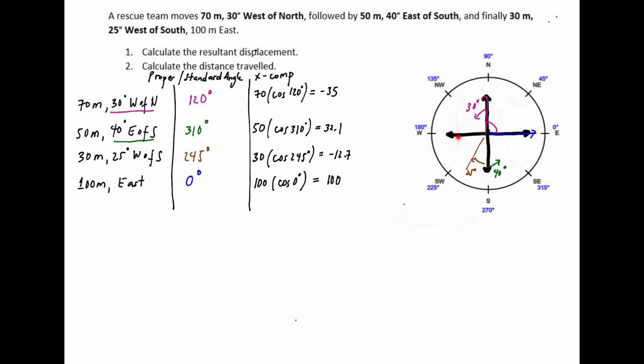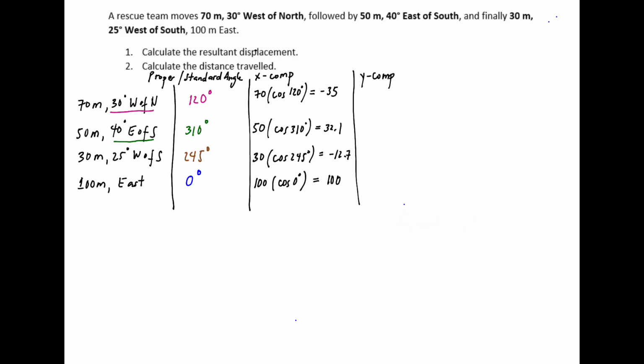Now let me remove this first for us to have a space for the y component. For the y component, we choose 70 multiplied by sine of 120 degrees. If you press your calculator, that is 60.6.